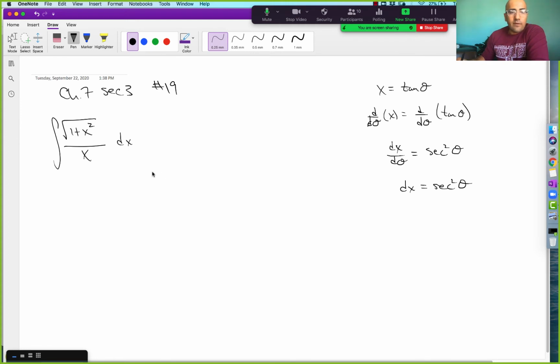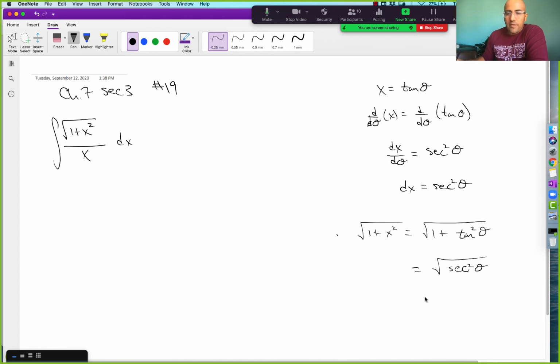Now let's figure out what happens with this root. The square root of 1 plus x squared becomes the square root of 1 plus tangent squared theta, which is the square root of secant squared theta.